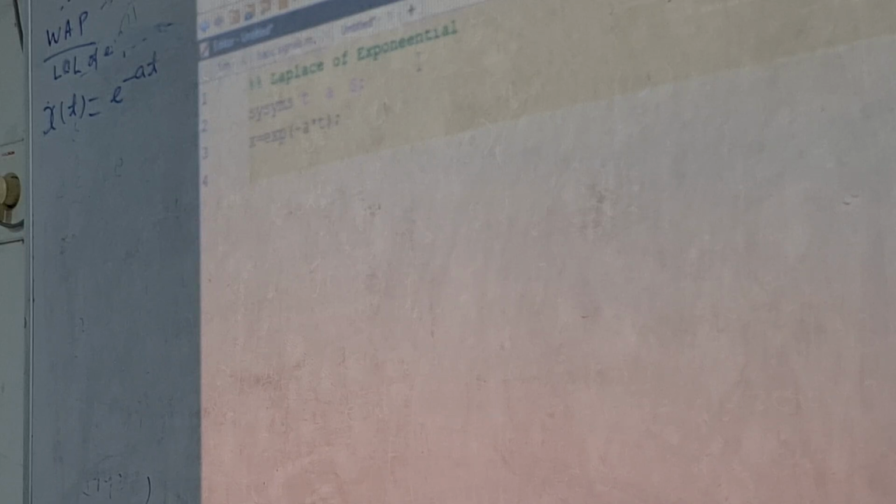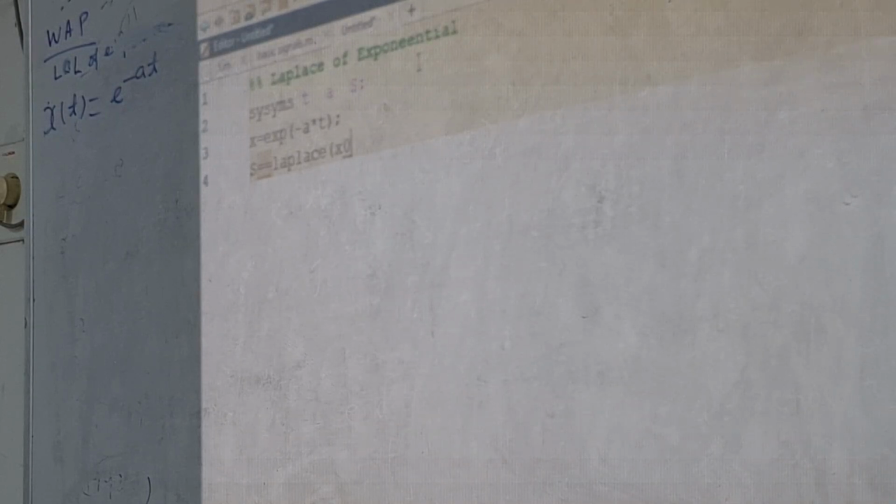Then enter, and then call the variable s. S signifies the Laplace transform of this given signal, and this can also be written as x is equal to laplace in brackets x.